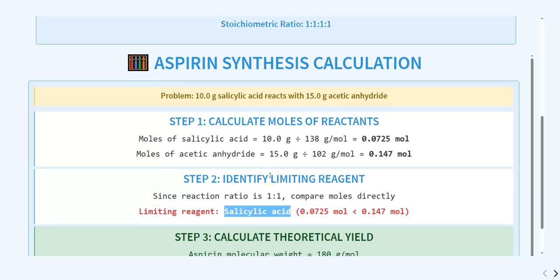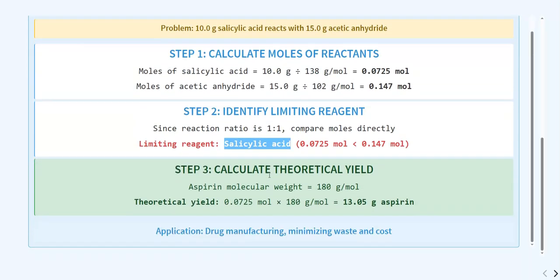Now we have to calculate the theoretical yield, meaning how much aspirin is produced. That will be based on the limiting reactant. Here the limiting reactant is salicylic acid, with an amount of 0.0725 mole, which will be completely converted to aspirin.